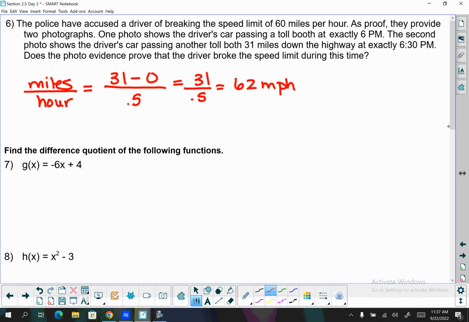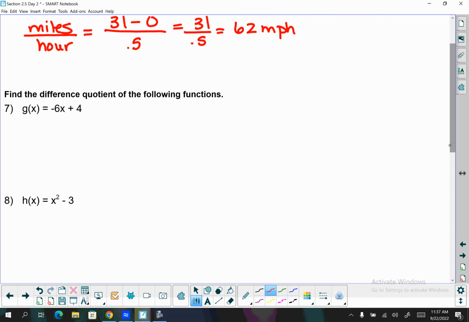Let's try one. Find the difference quotient for g of x equals negative 6x plus 4. All right. So first thing I'm going to do is plug x plus h into my function. Okay, so taking the x out, x plus h in its place. We've done that before. We just make sure we use parentheses, like so.